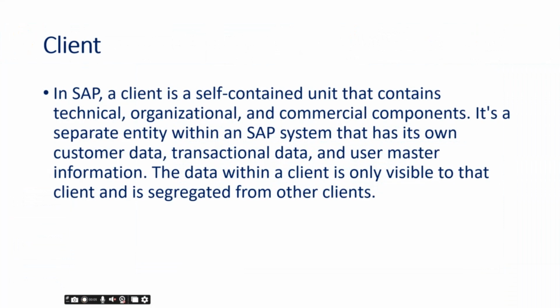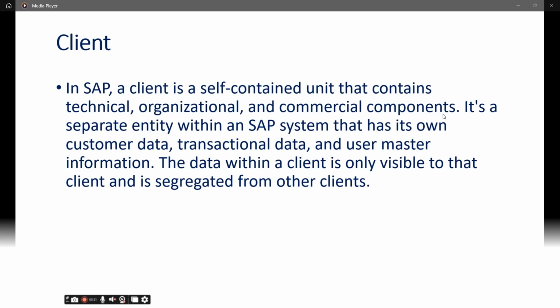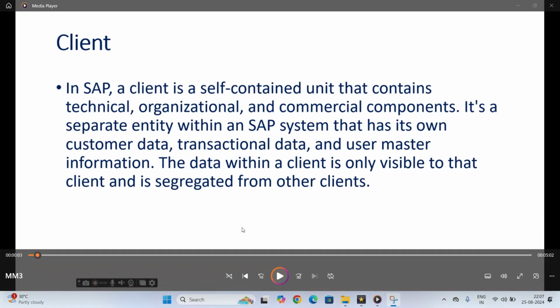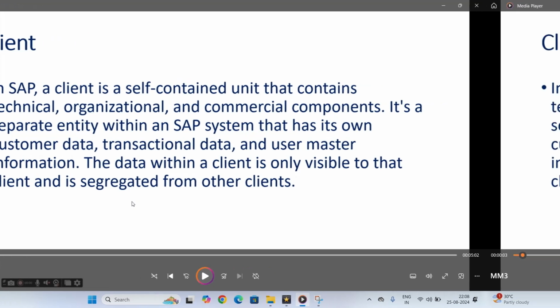Client. In SAP, a client is a self-contained unit that contains technical, organizational, and commercial components. It's a separate entity within an SAP system that has its own customer data, transactional data, and user master information. That is user master data. The data within a client is only visible to that client, and is segregated from other clients.